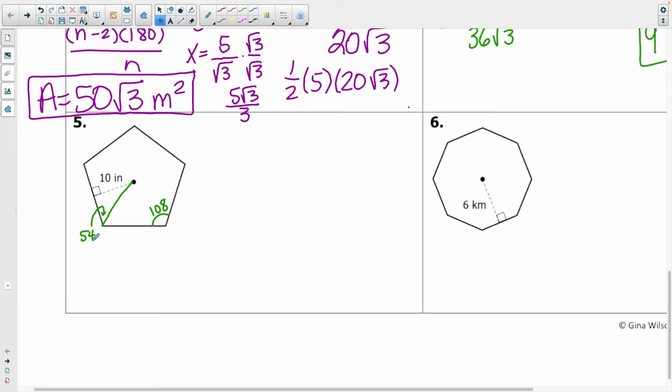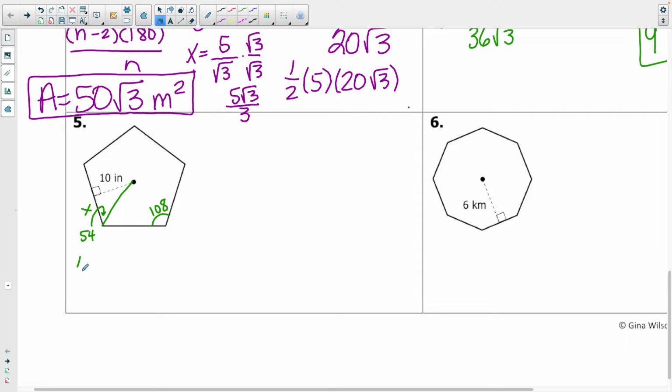So your options will either be special right or SOHCAHTOA. All right. So I want this, because I want the side. You're not ever looking for the hypotenuse, because that's not helpful. You're either looking for the apothem or for the side. So using 54, is 10 opposite or adjacent? Opposite. Is what we're looking for opposite or adjacent?